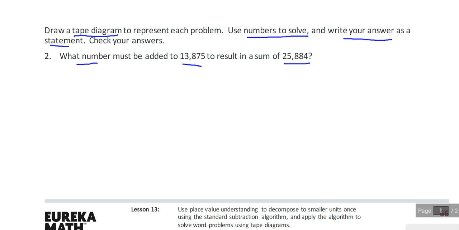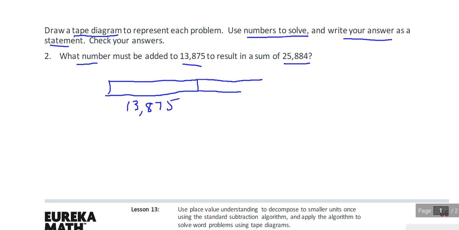Well, let's see if we have a number. Let's say we have a number here, and it's 13,875. And to that, we're going to add something. We don't know what or how much. And that's going to result in a sum.